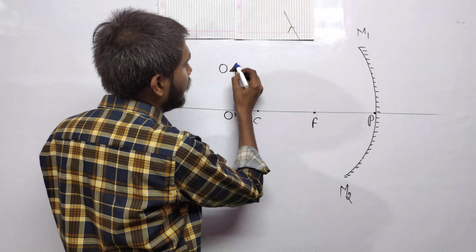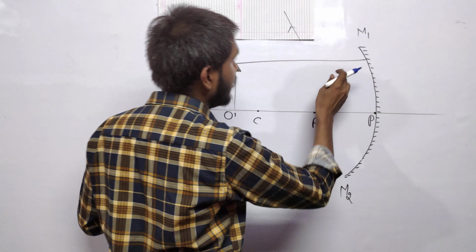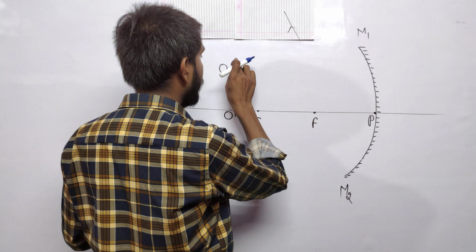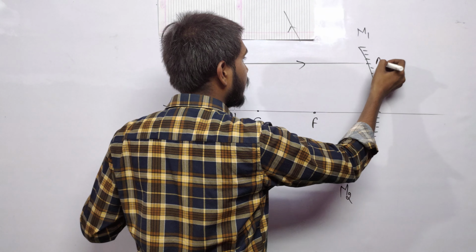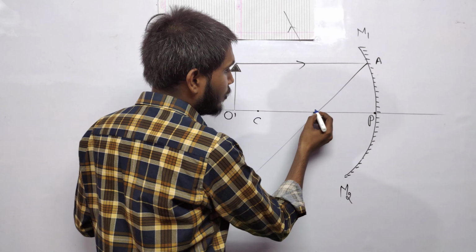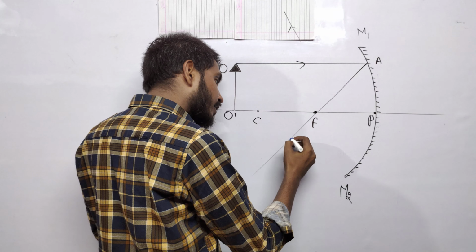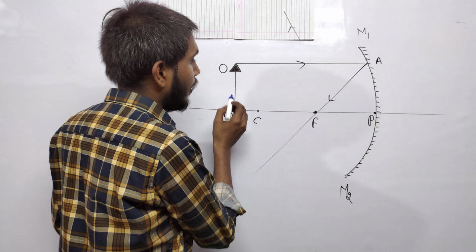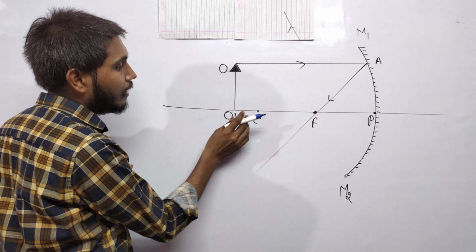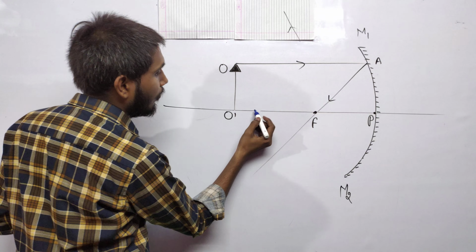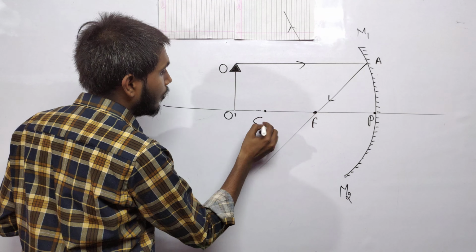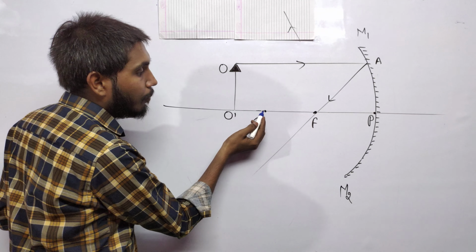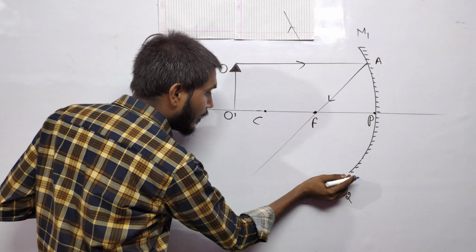A ray starting from O travels parallel to the principal axis. After reflection, it passes through F, the focus point. Another ray starts from O and passes through the center of curvature.